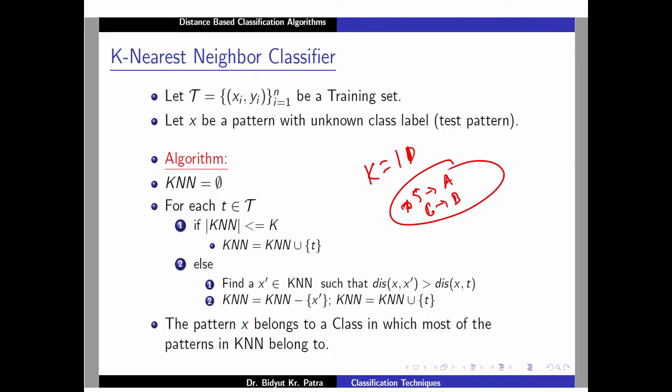In summary, you find the k closest neighbors of the unseen object, and out of the k nearest neighbors, you find which class the majority of the objects belong to.